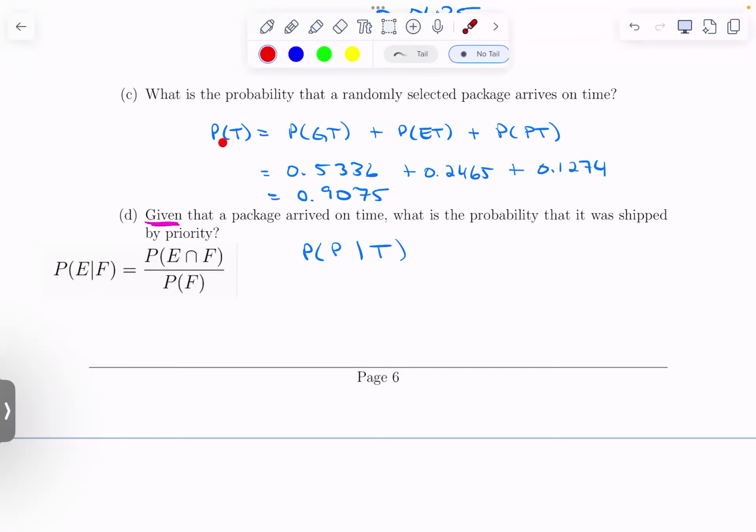And so I should use that. Because now I want the probability of P and T, which I have from my tree diagram, over the probability of T, which I have already solved for, right? And so you don't want to solve it again. It will be a daisy chain thing, where I make you do some work and then you use that work in the next one, just like this.